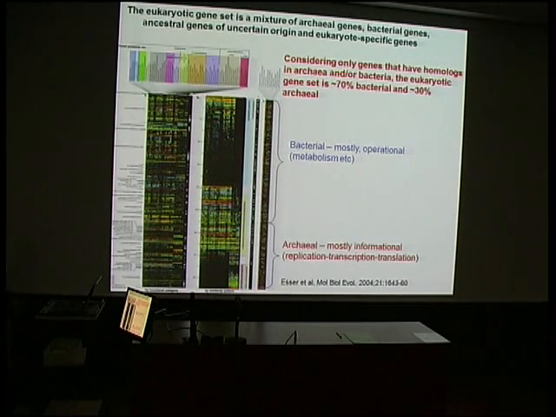My trade generally, what I really do, is comparative genetics. So for most of this talk, we will talk about genes and evolutionary relationships of genes. And speaking of that, in evolutionary terms, the eukaryotic gene set is a chimera of archaeal genes, bacterial genes, genes of ancestral origin that we don't know, and some eukaryote-specific genes.